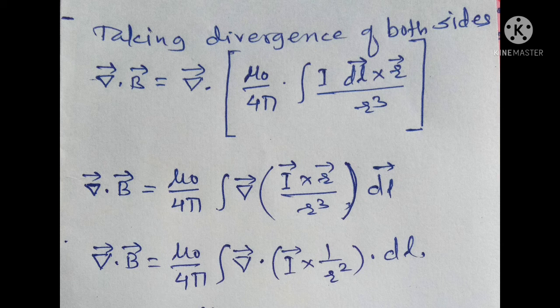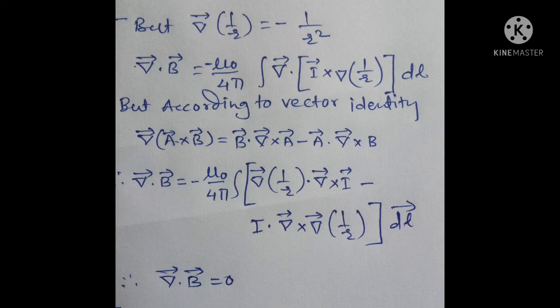If we take the constant mu 0 upon 4 pi out of the integration, we get vector del dot vector B equal to mu 0 divided by 4 pi into integration vector del dot vector I cross 1 upon r square into vector dl. But vector del of 1 upon r is equal to minus 1 upon r square.